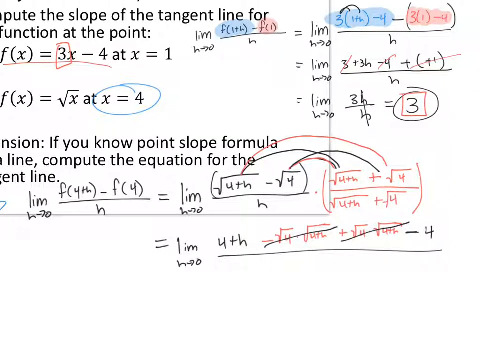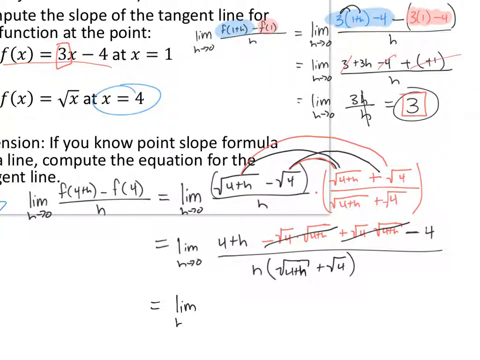All of that cancels out, and we have h times root 4 plus h plus root 4. But I'm not really worried about this yet, because it's all going to come into play. I'm just going to rewrite it in a way that makes it cleaner.